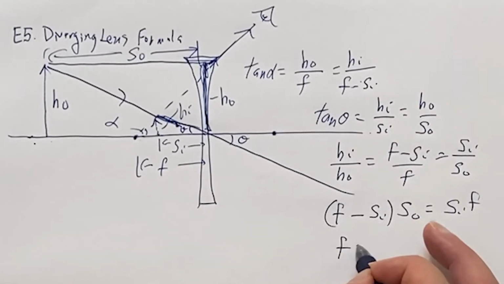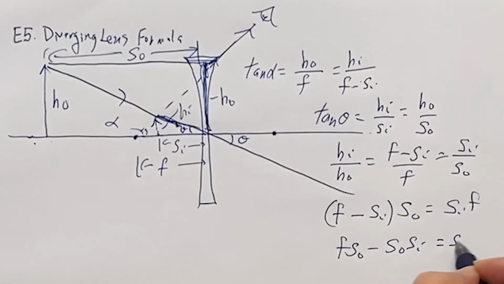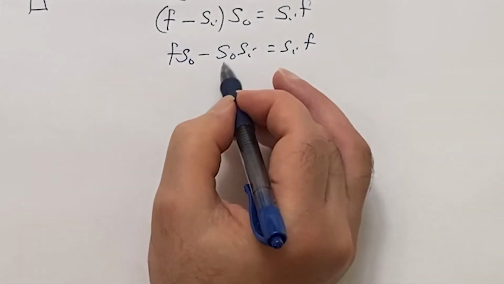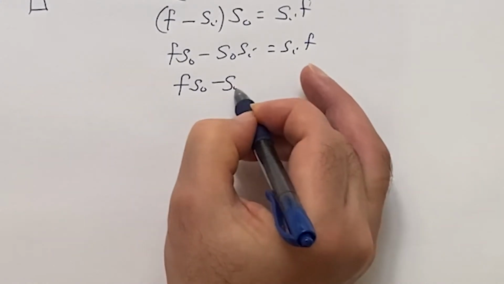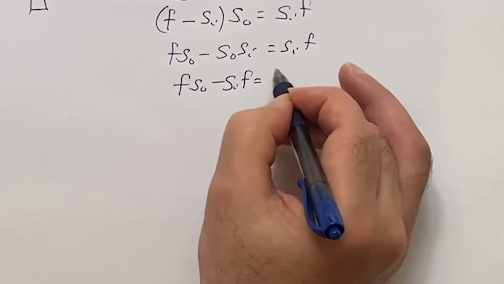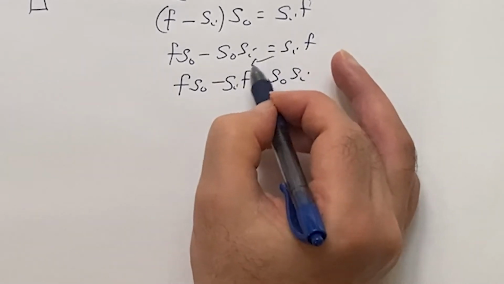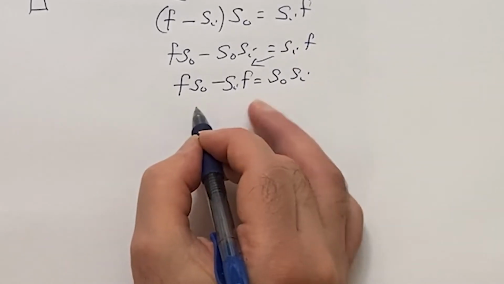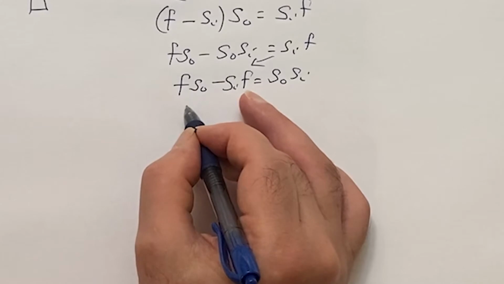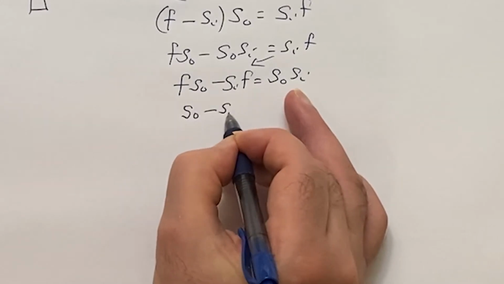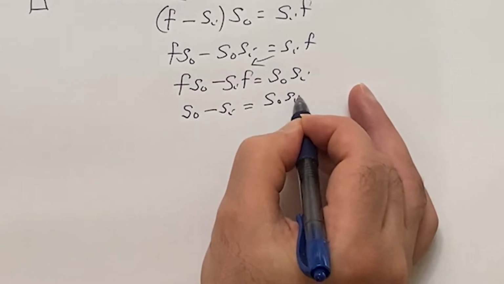And this is F SO minus SO SI equals SI F, and get the SO on the right-hand side, so it's by itself. So I subtracted the SI F and added the other one. And here, if we do our division, SO minus SI equals SO SI over F.